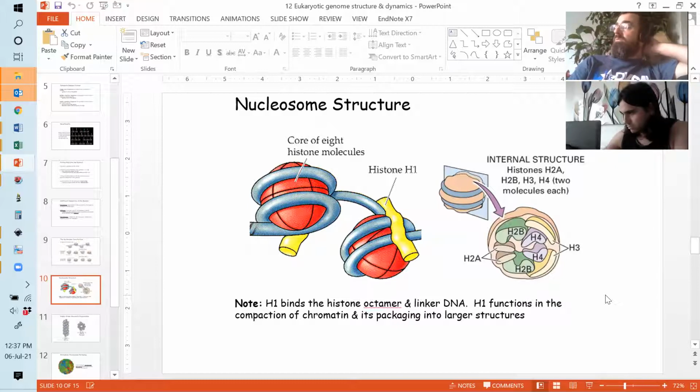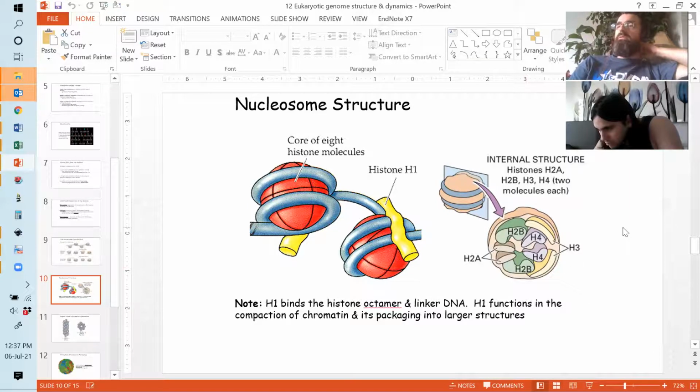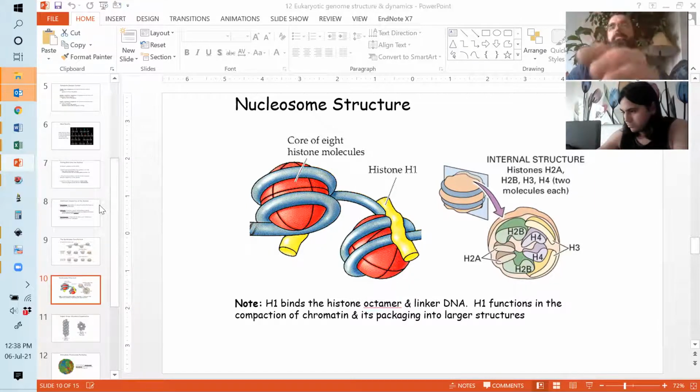So whenever you read about epigenetics and histone modifications, they'll always preface which histone they're talking about by these numbers. And so there's actually a histone code.